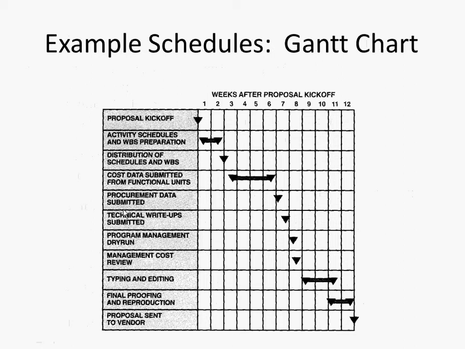Has anyone seen that before? Picture of that? Okay, you've seen some pictures of it. And this is really useful. Tasks here on the left, going down, time on the top. Okay, and this shows from when to when things are going to be underway. So when we're going to be doing what, and that's great.